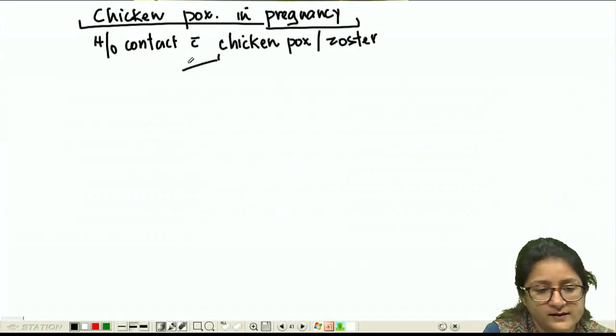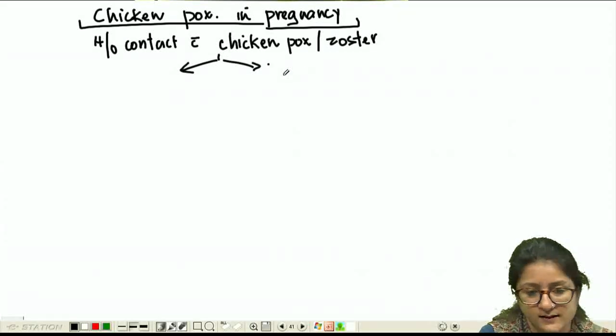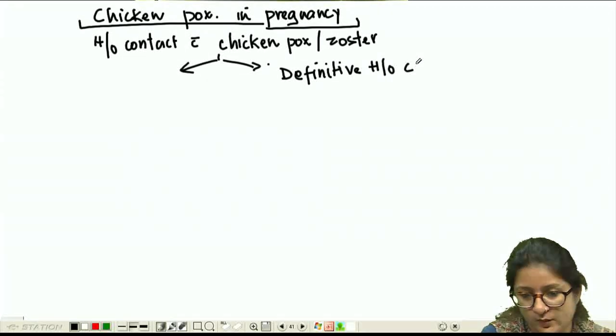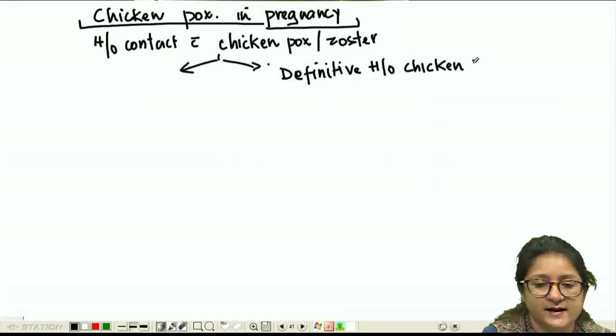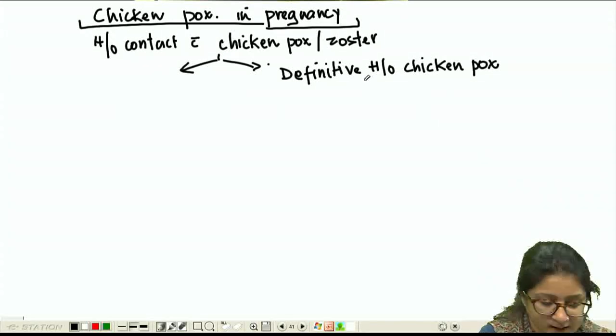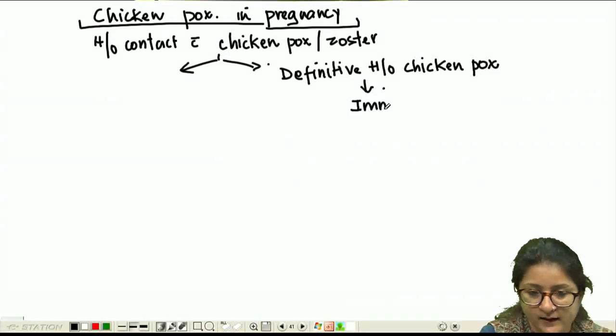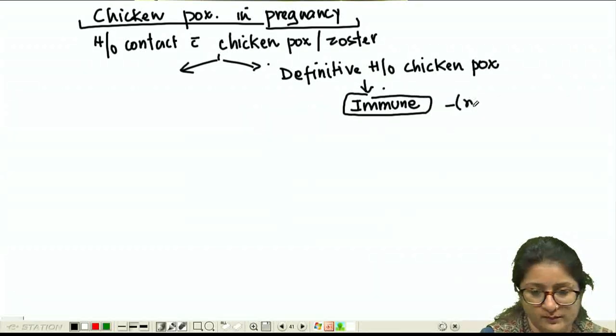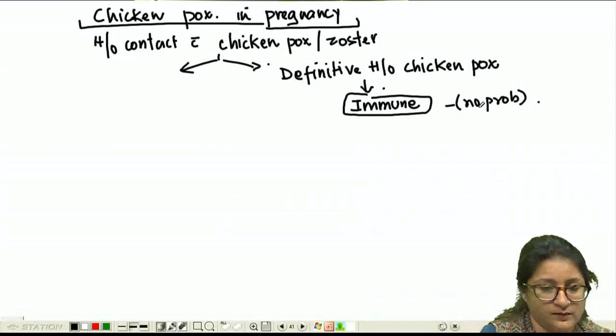All right, whatever be the thing, if the woman is certain that there has been a definitive history of chickenpox, that she has had chickenpox in childhood, only in those cases we consider her immune, and then nothing needs to be done. If she is immune, then there is no problem.